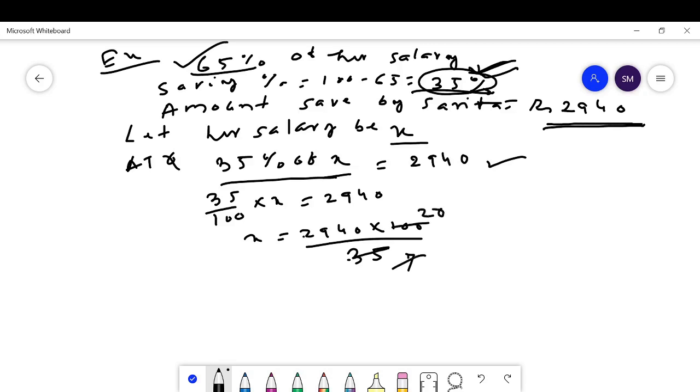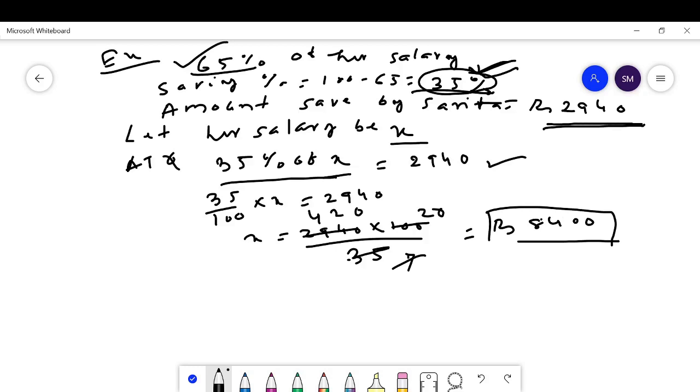Then 7 fours are 28. Then 1 4 7 2 5. Then this is 8400. The salary drawn by Sarita is rupees 8400. Then here is another example.